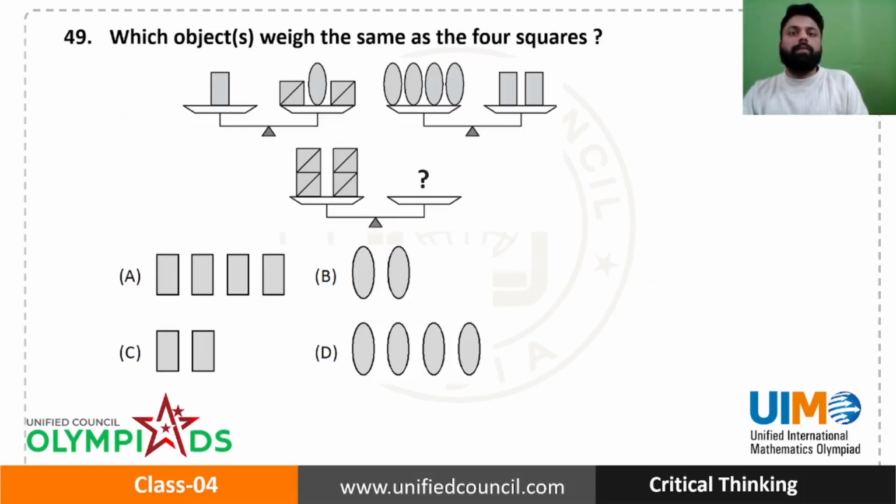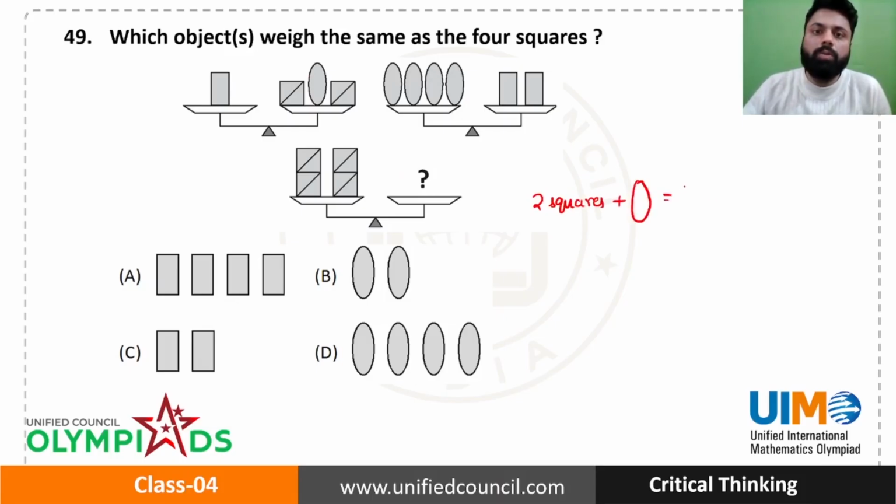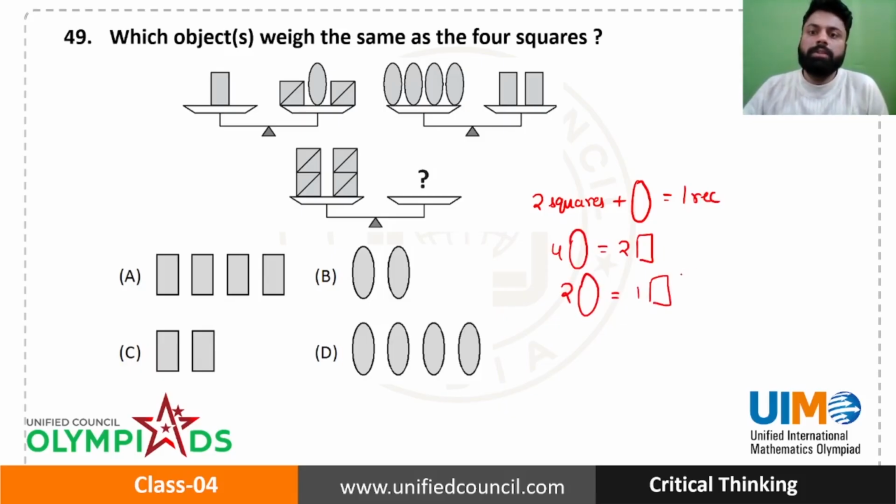Next one, which object weighs the same as 4 squares? So see, 2 squares plus 1 oval is equal to 1 rectangle. 4 ovals is equal to 2 rectangles. That means 2 ovals is equal to 1 rectangle.